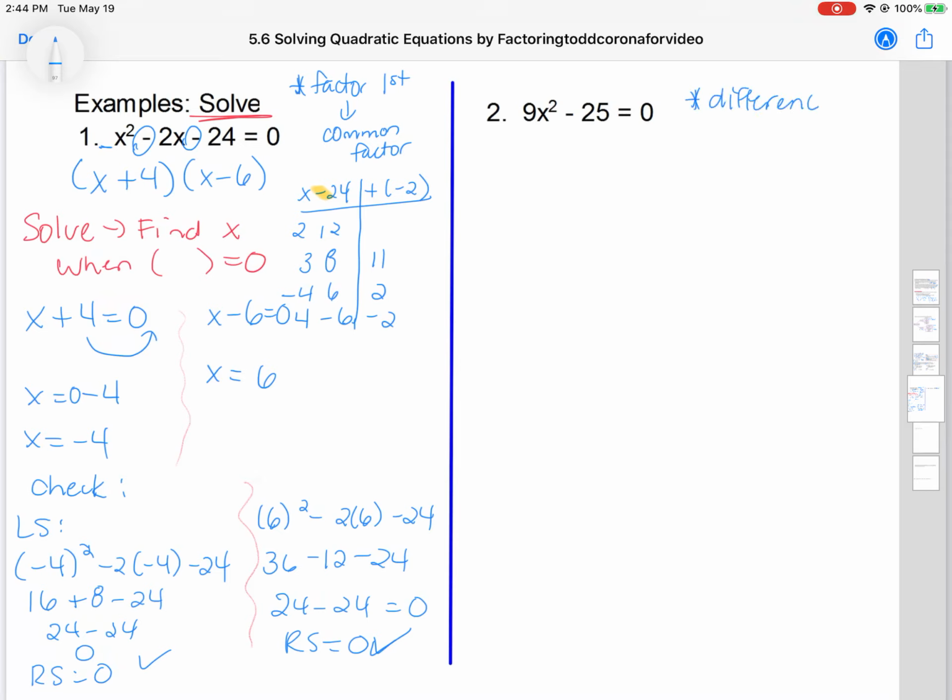Okay, so we're going to factor first. This one does not have a common factor, but it is the special case, the difference of squares. So we're going to square root both. And so we have 3x and 5, 3x and 5. And if we don't have a b term, one of them has to be positive and one of them has to be negative. It doesn't matter which.